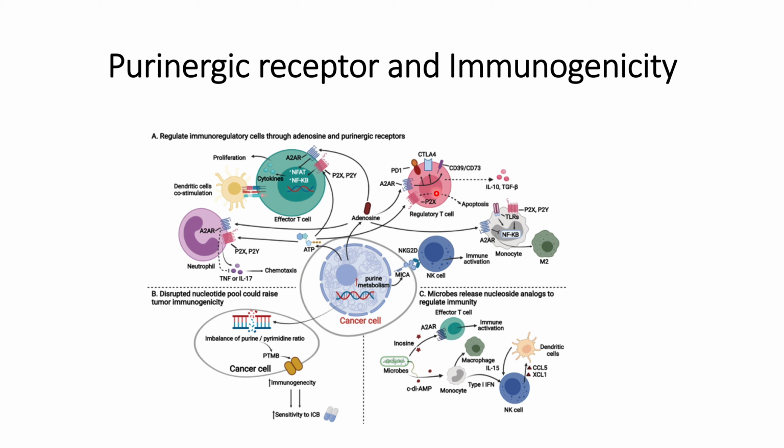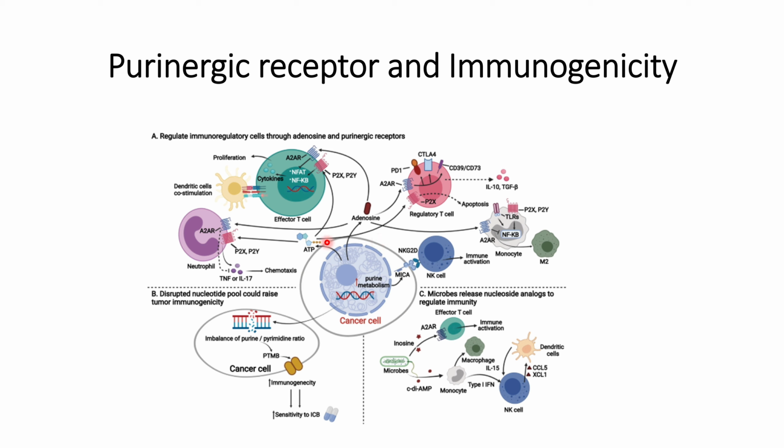Regulatory T cells have a function to suppress the immune response. So when a high amount of adenosine is present, it will lead to the apoptosis of these regulatory T cells, or in other terms, regulatory T cells will go down. So the immune suppression caused by the cancerous cells will decrease.